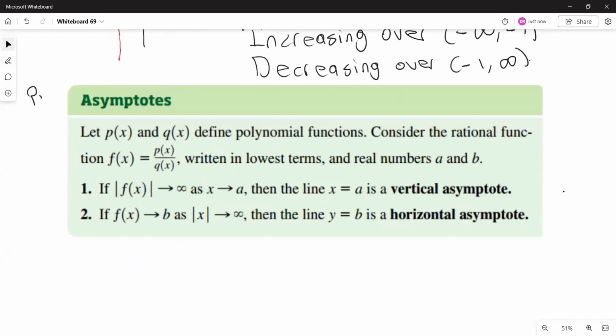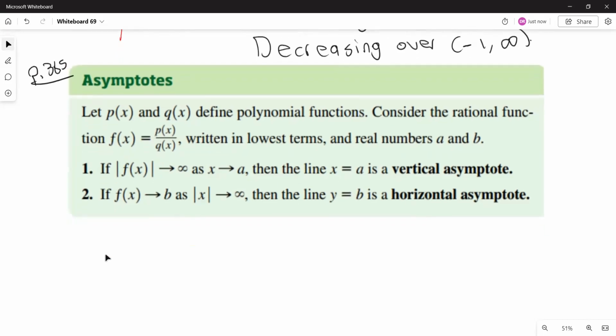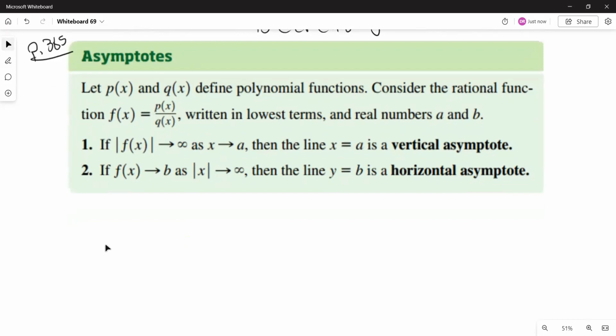What happens with the asymptotes? Let P of x and Q of x define polynomial functions. Consider the rational function f of x equals P over Q written in lowest terms. That is, common factors are simplified, and real numbers A and B. If f of x approaches infinity, or the absolute value of f of x approaches infinity as x approaches A, then the line x equals A is a vertical asymptote.